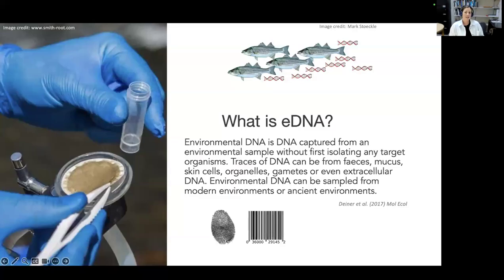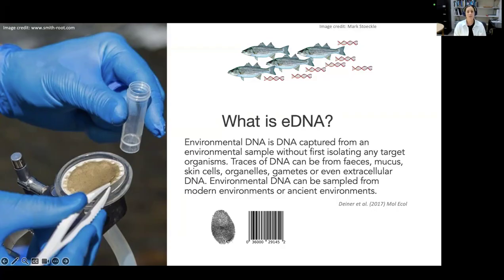It really came onto the scene in about 2008, and environmental DNA is defined as DNA that's captured from an environmental sample without first isolating the target organism. So this is DNA that is shed from the organism that we're then collecting to understand the species that were present there.